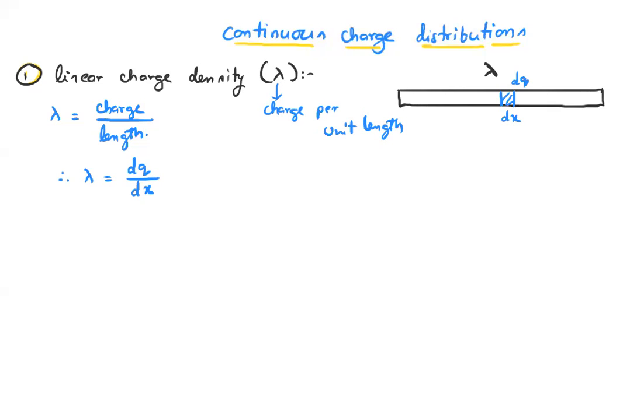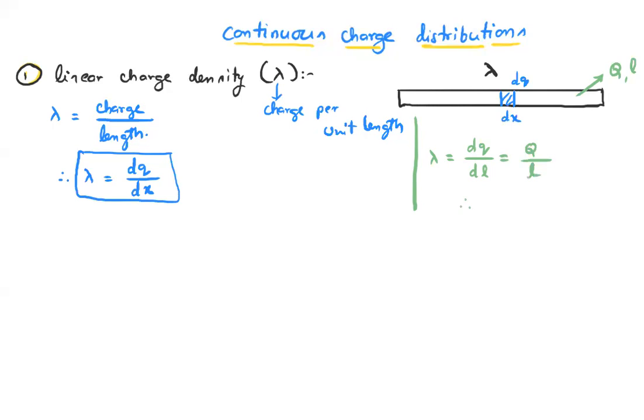Suppose this rod has a total charge of capital Q and its length is L. Then what is the charge over a small element? In problems, dq by dx is equal to lambda, which we can write as total charge by total length. Therefore, the charge over that length can be written as Q by L into dx, and we will integrate and simplify the numericals.